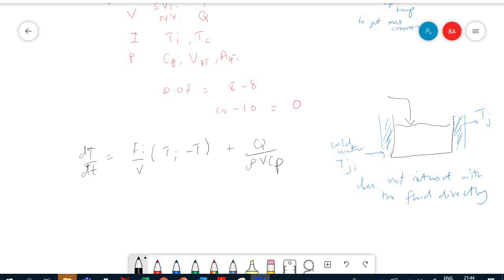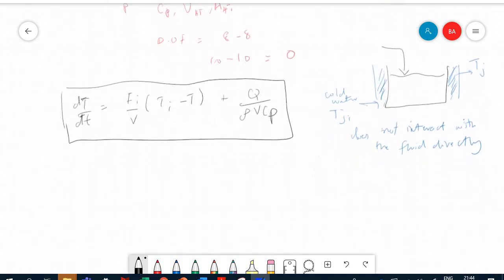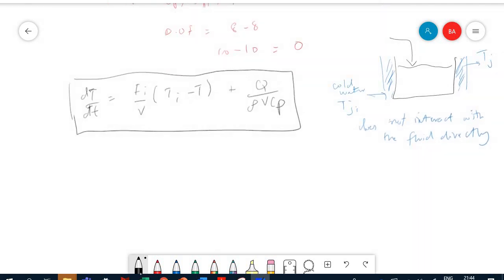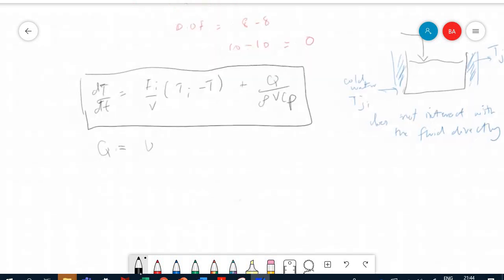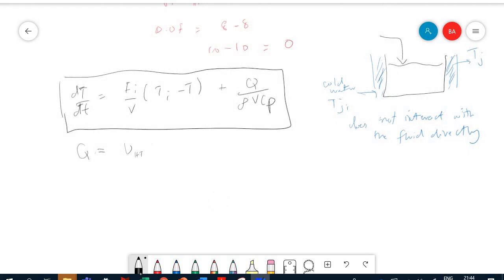So the question here is, did anything change in this equation by having a jacket? No, nothing has changed. What has changed is the Q term, and actually the Q term is still the same, which is equal to U A into delta T, (Tc minus T).